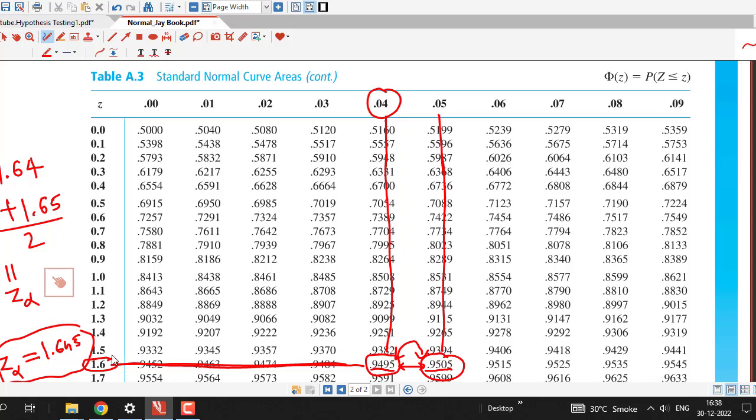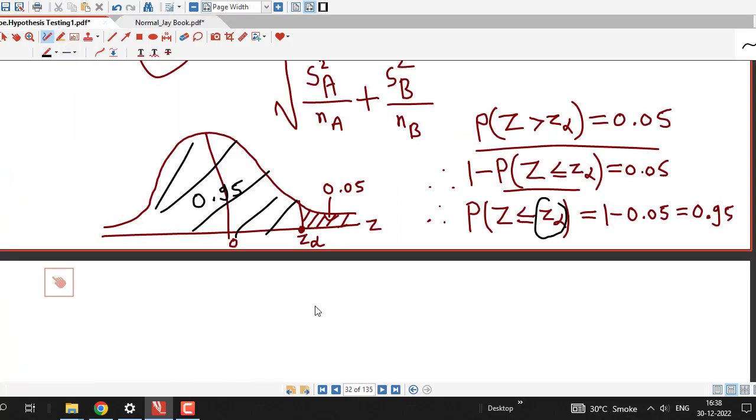Corresponding to 0.9495 I have 1.64, and corresponding to 0.9505 I have 1.65. The average of these two is Z alpha, and here alpha is 0.05, that means I have to consider Z 0.05 equal to 1.645.